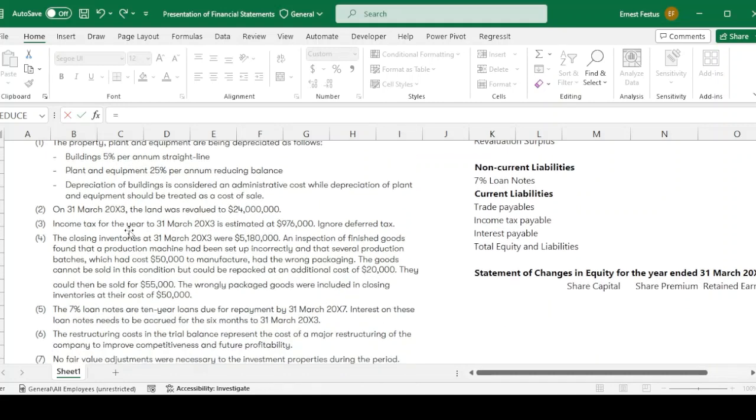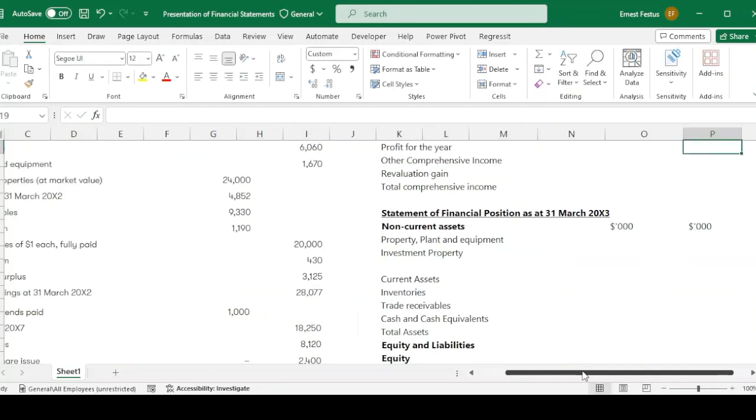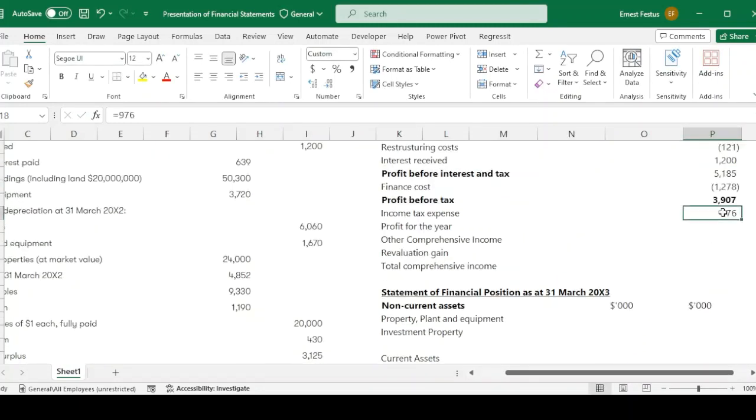Income tax for the year ended 31st is estimated at 976,000. So 976. I'll hit enter there, and let me put it in brackets as a negative figure. And so our profits for the year is going to be the addition of these two. So equals this plus this.